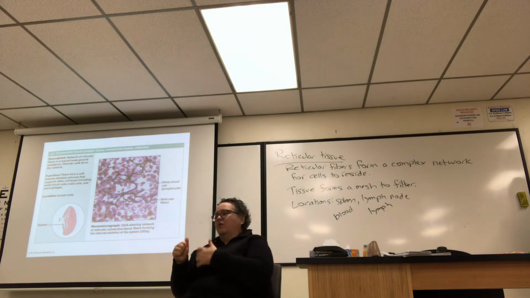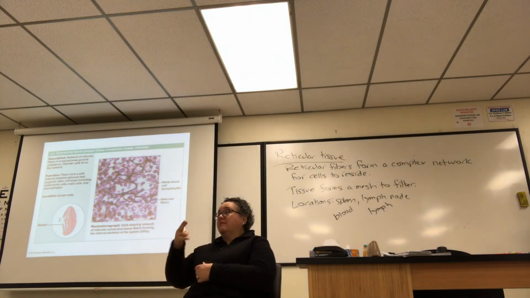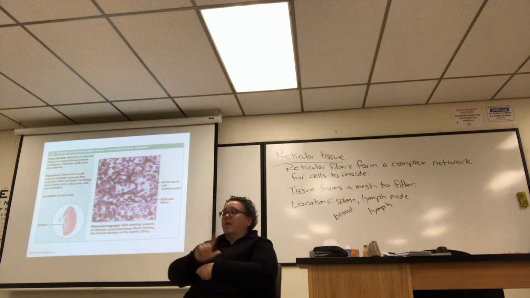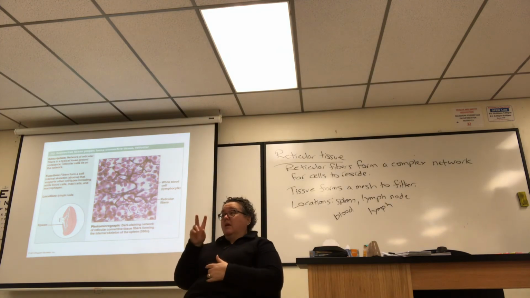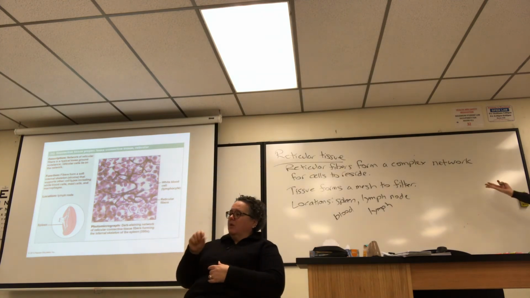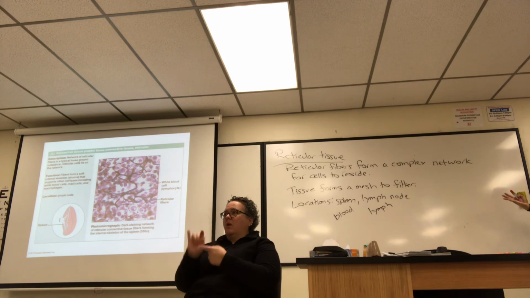Obviously, the lymph node filters lymph. So pretend it's the lymph node. The lymph node is packed out with lymphocytes, with all this reticular tissue, and you're straining all of the body fluids through that structure. If there's a pathogen, you slow the flow of the fluids down through this mesh, and if there's a pathogen there, the lymphocytes that occupy the lymph node might be able to find it to mount an immune response.